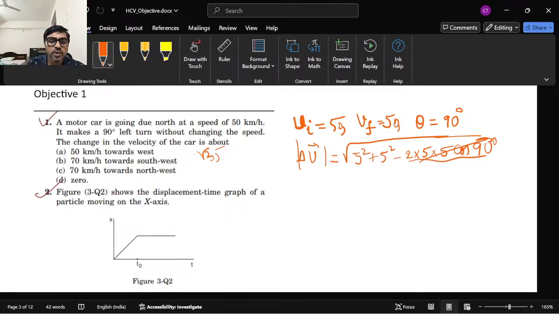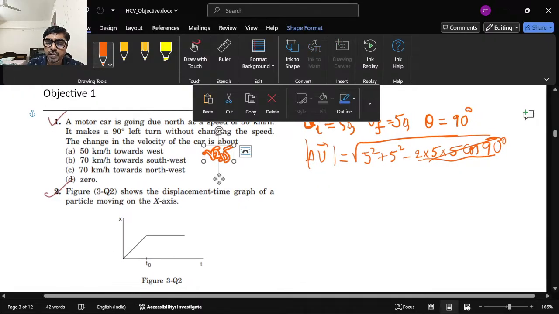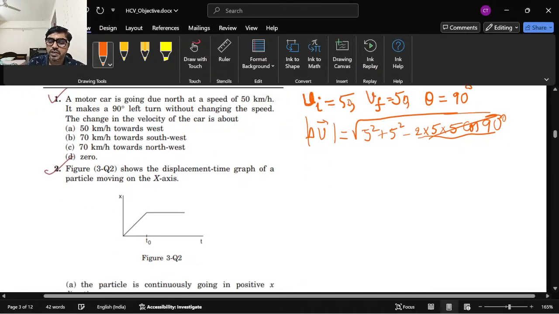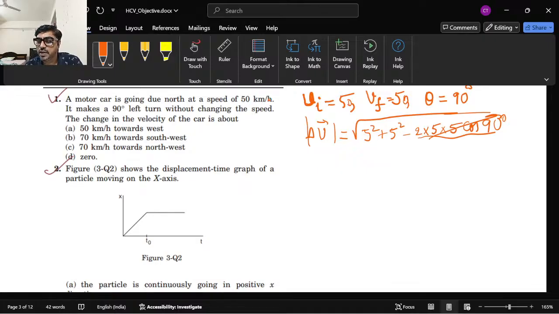So 50 into root 2, that is 1.414 into 50, almost 70. So 70 kmph is the change in velocity. That means A is wrong, D option is wrong. So now between B and C we have to decide.